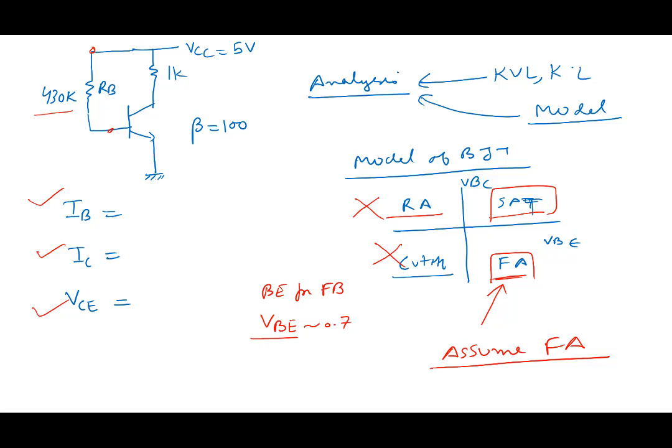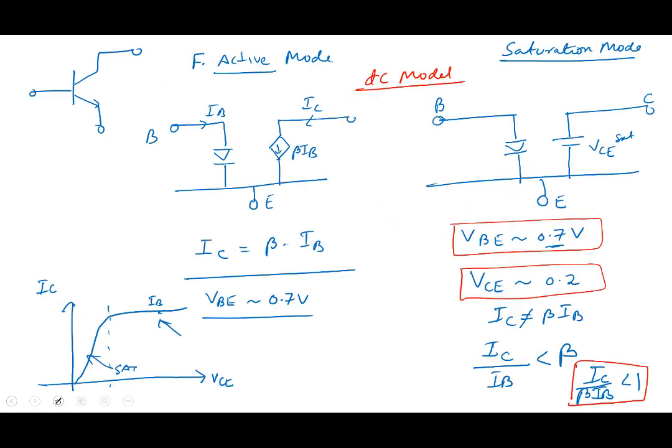Note that what I want you to do is, with this circuit, take this transistor out and substitute the model. Which model? This model here. You're assuming the transistor is in forward active mode.